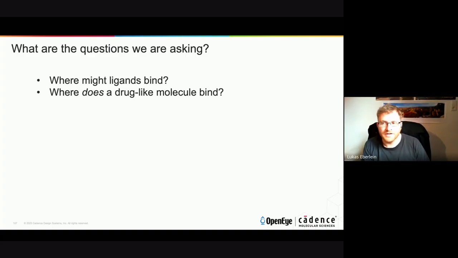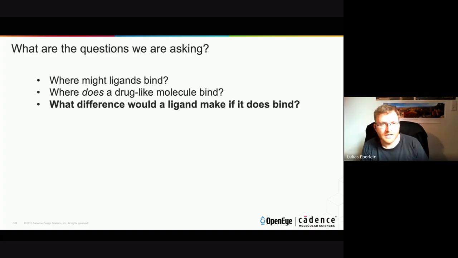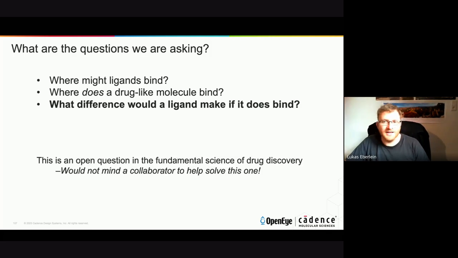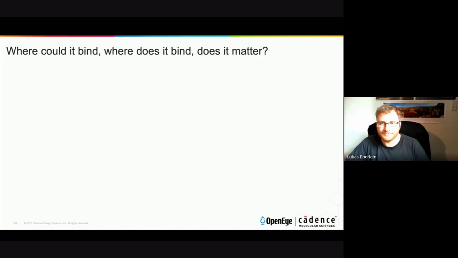This led us to the development of our ligandability model. And the third question is, what difference would a ligand make if it does bind? And that's a larger problem of biological efficacy. And we are always looking for partners that help us to answer such questions. So if you're willing to work on something like this, please get in touch with us.